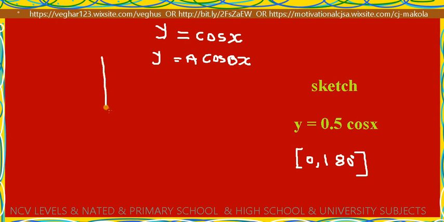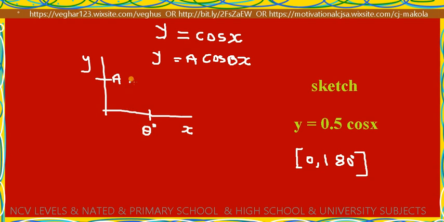So the amplitude stays on the y-axis here, and then the angle is here. Let me say theta, it's in the x-axis.